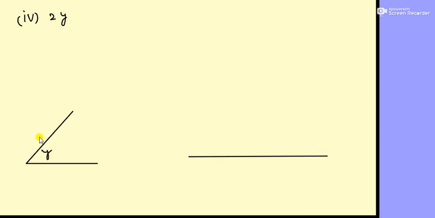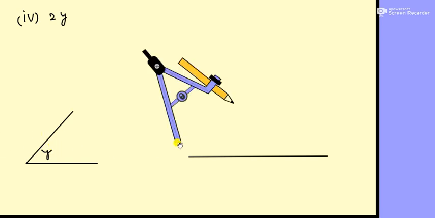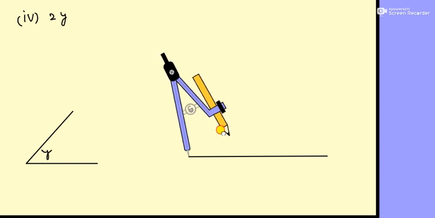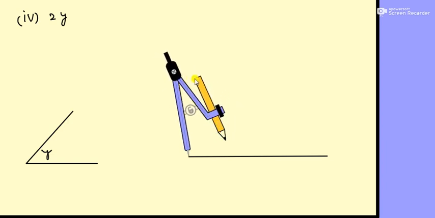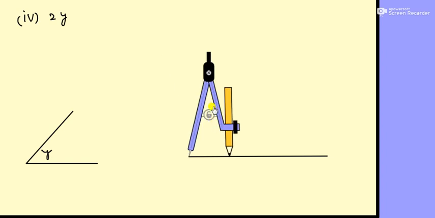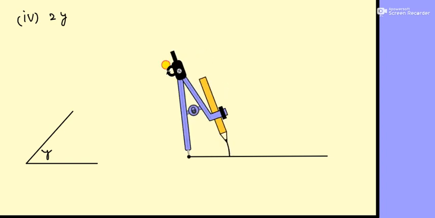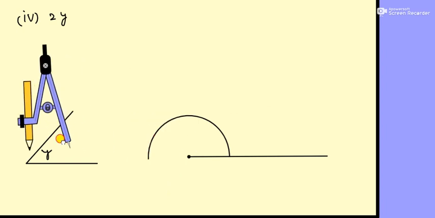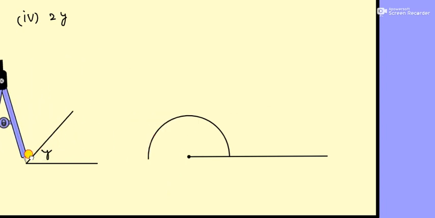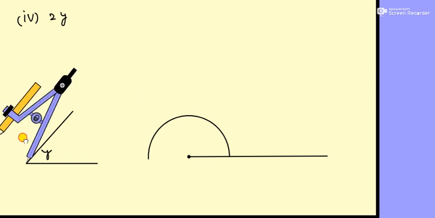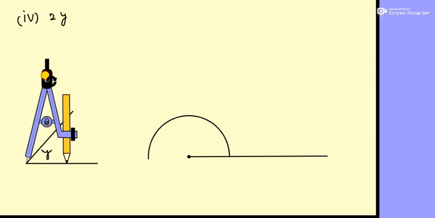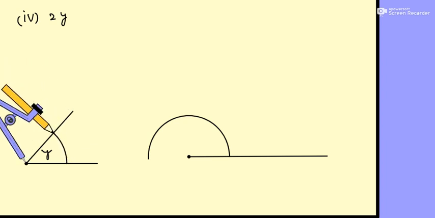Now remove the scale, and now with the help of the compass you can draw an arc. Take the distance some less like this, put it on the line, and now make an arc like this. It is very simple. Now take this point and make an arc of the same type.